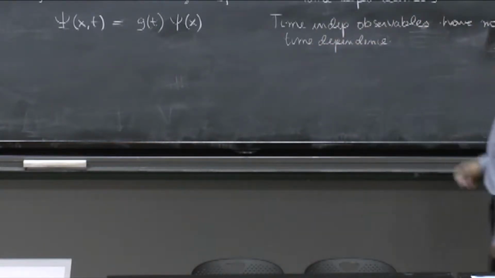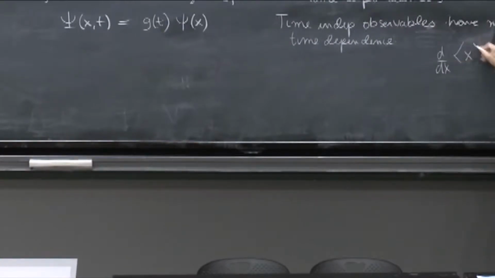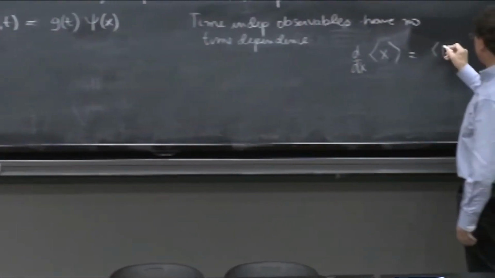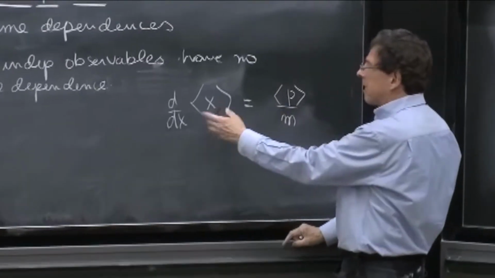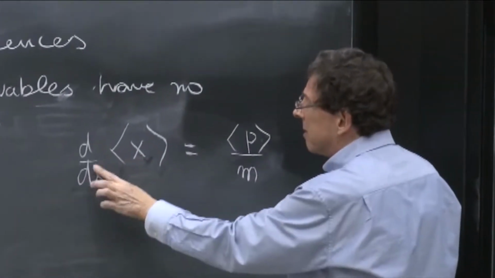It kind of looks silly when you write it like that. But you've seen that d/dt of the expectation value of x is equal to p over m, the velocity. And here it is, a time-independent observable that does have time dependence.